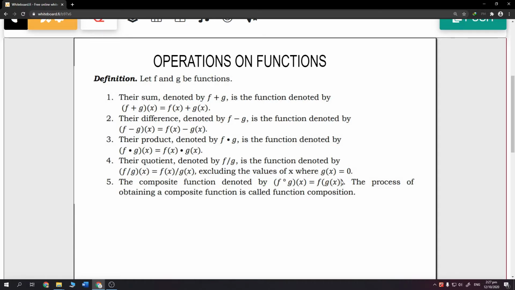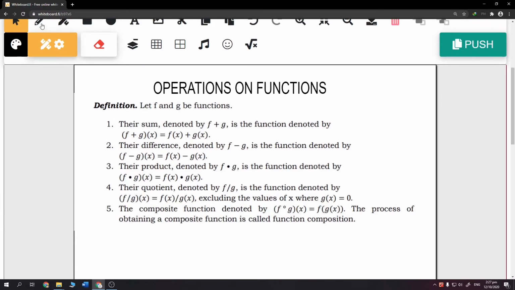So the denominator must not be equal to 0. And number five is the composite function, denoted by f of g of x, so it is equal to f(g(x)). The process of obtaining a composite function is called function composition.